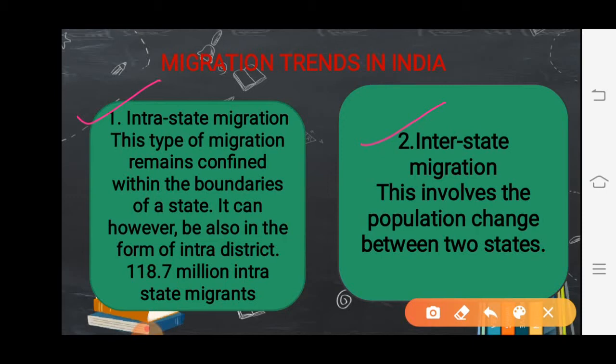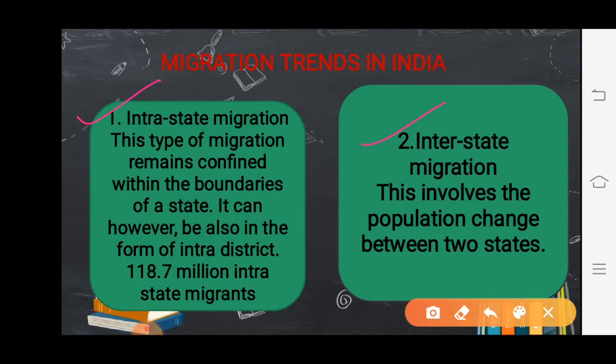In your school, you have inter-house competitions like inter-house quiz competitions, inter-house football competitions. That kind of competition is between two houses. I just gave you an example so that inter and intra become clear in your mind. So inter means between two states.